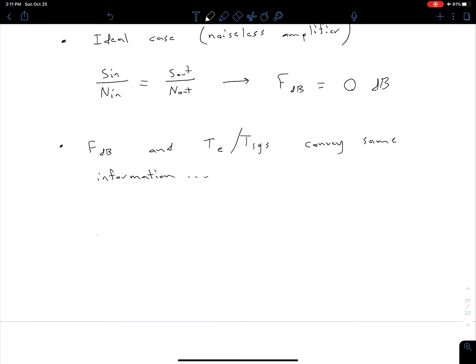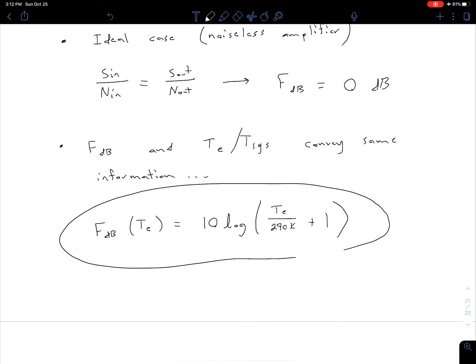So we can say that our noise figure in dB at some effective input temperature is equal to 10 times the log base 10 of our effective input temperature divided by 290 Kelvin, plus 1. And of course we could rearrange that as well if we had our noise figure and we wanted to find the relevant effective input temperature. And again, to be more general, we could change this to T system. And then if our system is just one amplifier, of course that would just be T sub E.